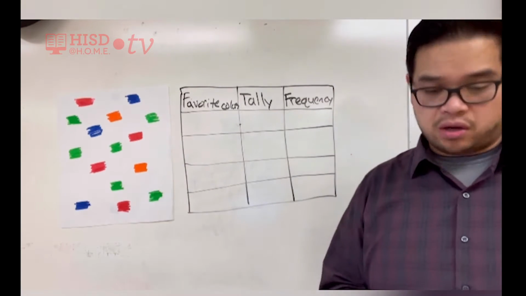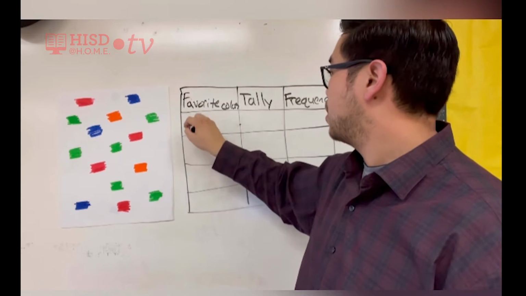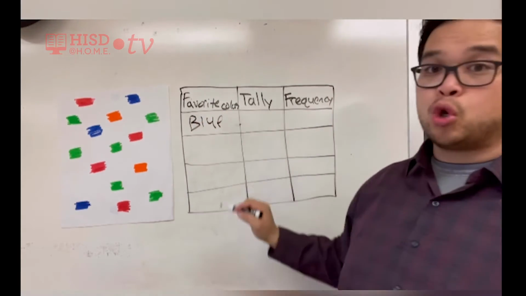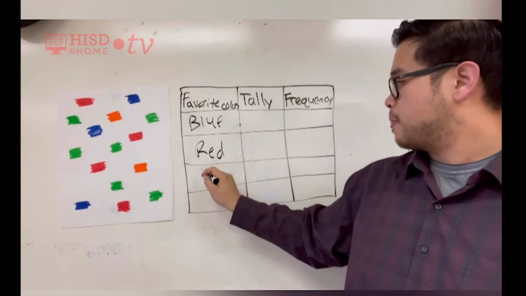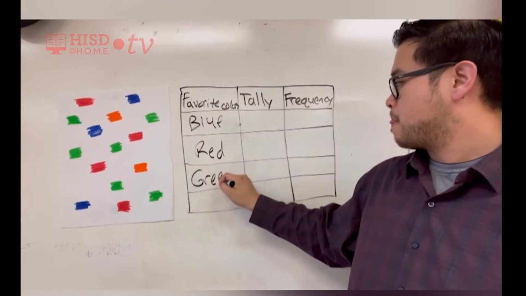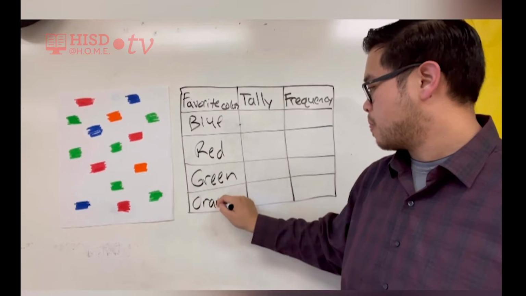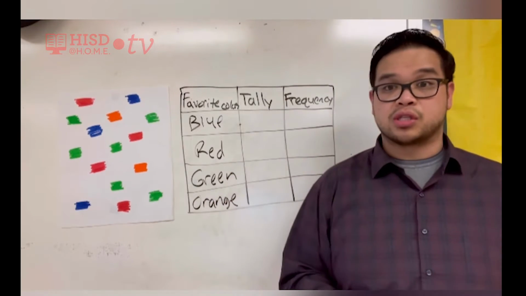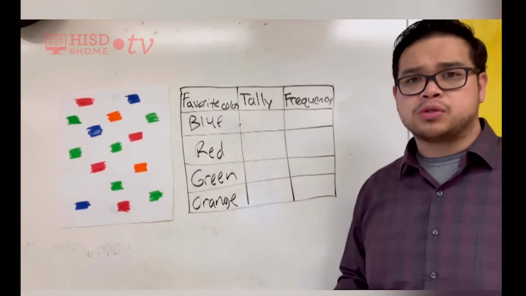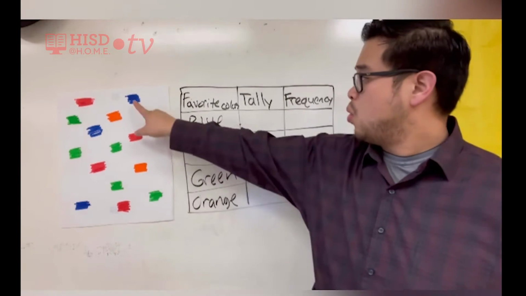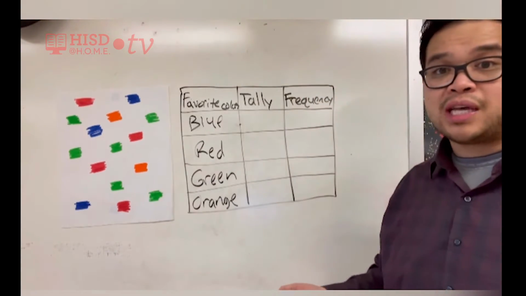Now let's collect our data. Again, we said we had the colors blue, red, green, and orange. Now let's see, how many blues do we have? Let's count. 1, 2, 3. So I'm gonna draw 3 tally marks.